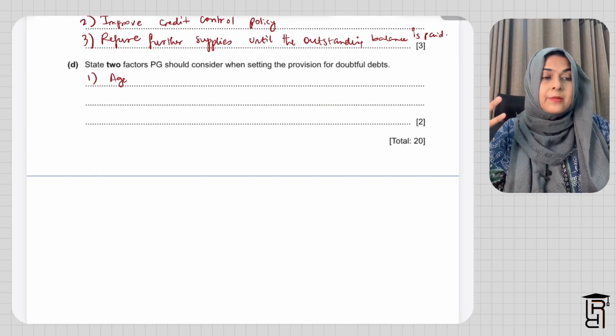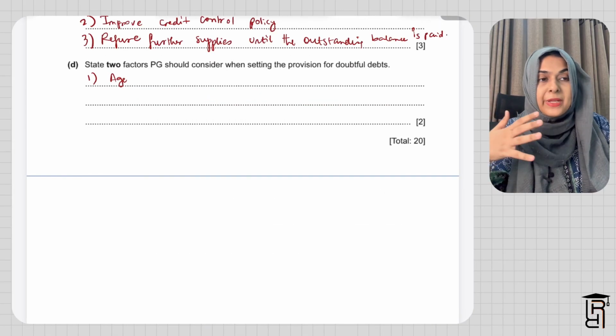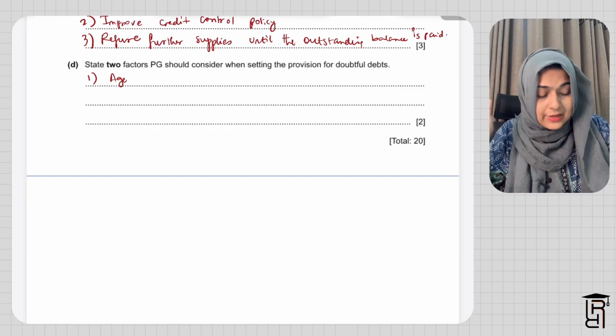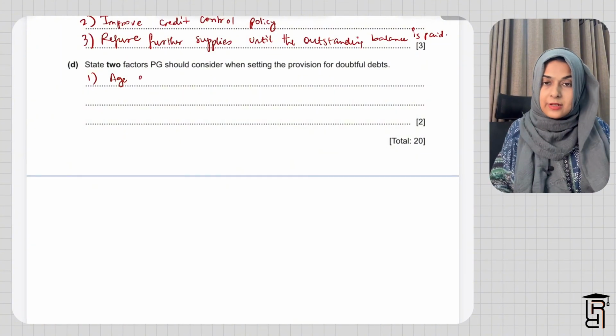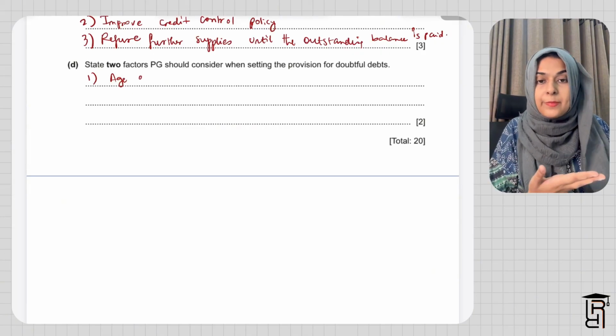Let's say one of my customers has bought goods from me and did not pay me for 6 months. So that's an old trade receivable. So the age of trade receivables. The more time the customers are taking to pay us, the more chances are that they might not pay us.